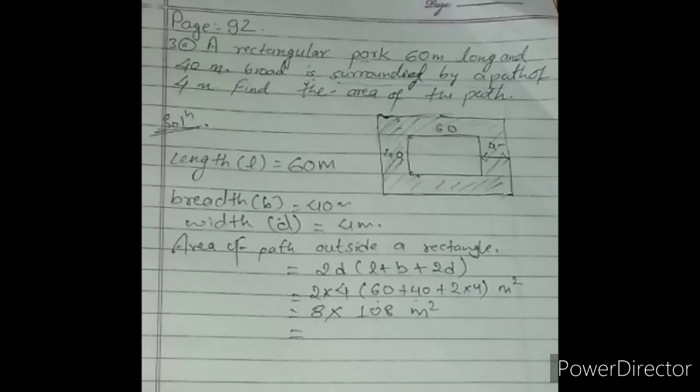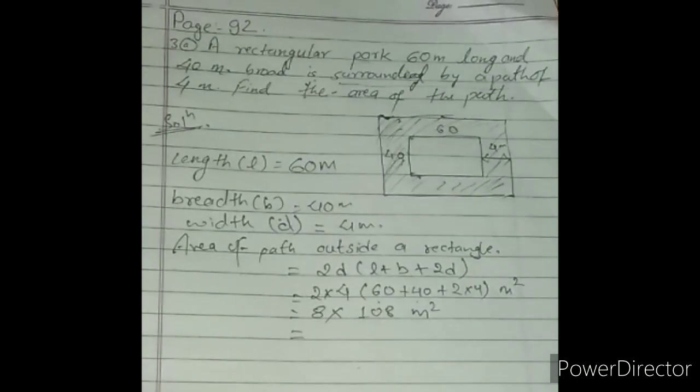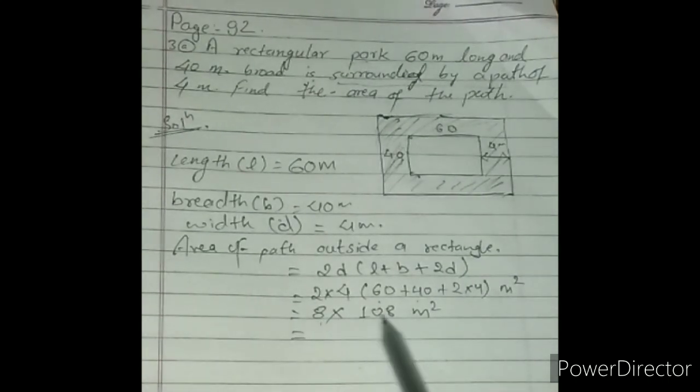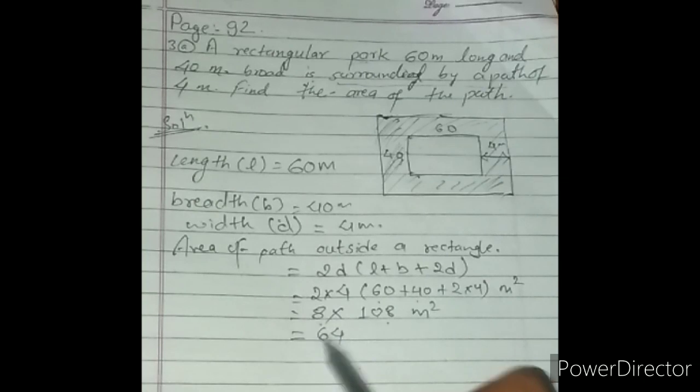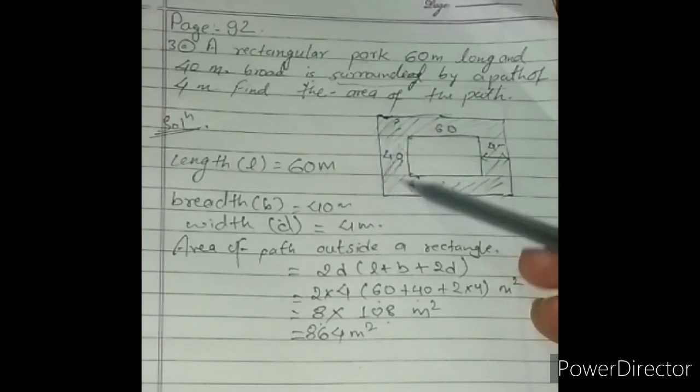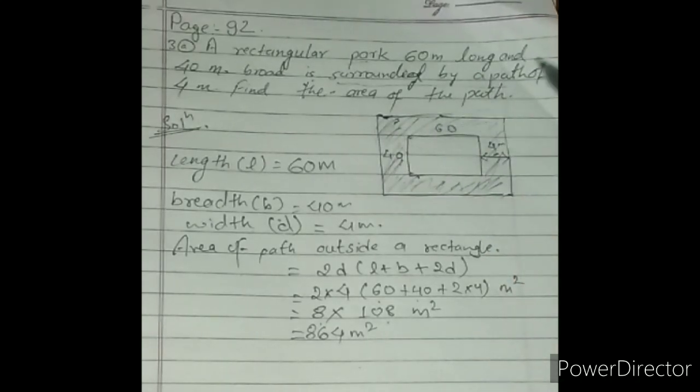Now 8 into 108, what will be the product? 8 times 8 is 64, 8 times 0 is 0, 8 times 1 is 8. 864 meter square is the area of this path only. We have to find area of path only here, so this is the area of path.